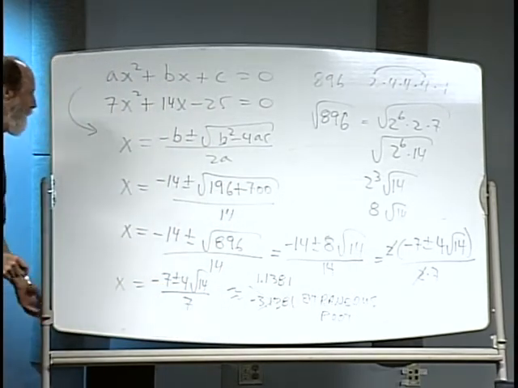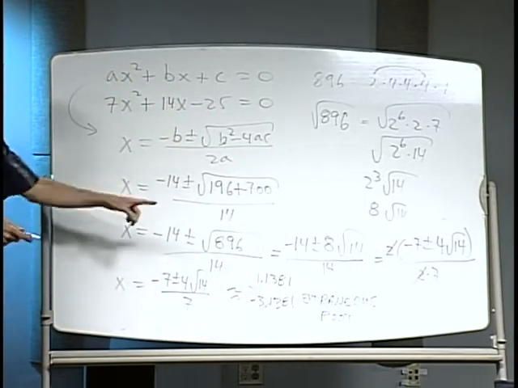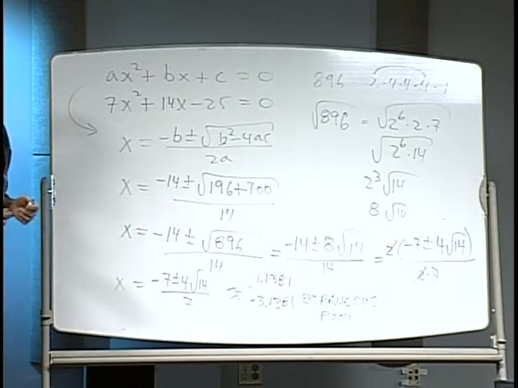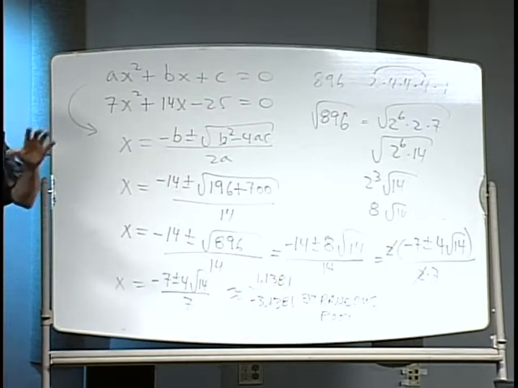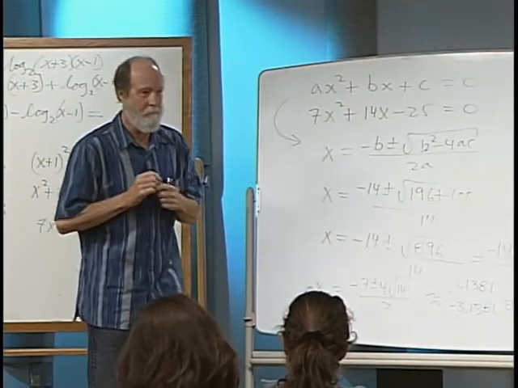Okay, so the 1.1 answer would check if we stuck that back in the original problem. We took a long time on starting out with a log expression, making it into an equation and solving it. Let's go ahead and solve some others now today and get into some applications as well.